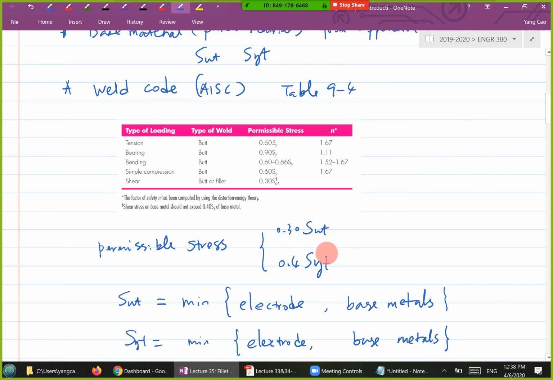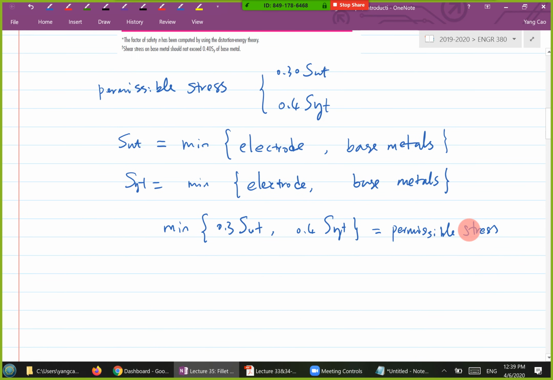That will be just from the electrode material. Similarly, if you just want to consider the failure of the base metal, then you just use the base metal here, but you will use this welding code, right? So that is the process we're going to do for the next example. We'll look at it, okay?